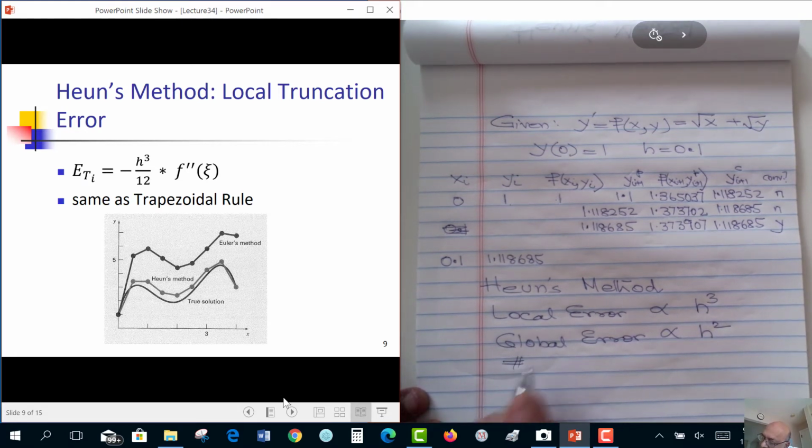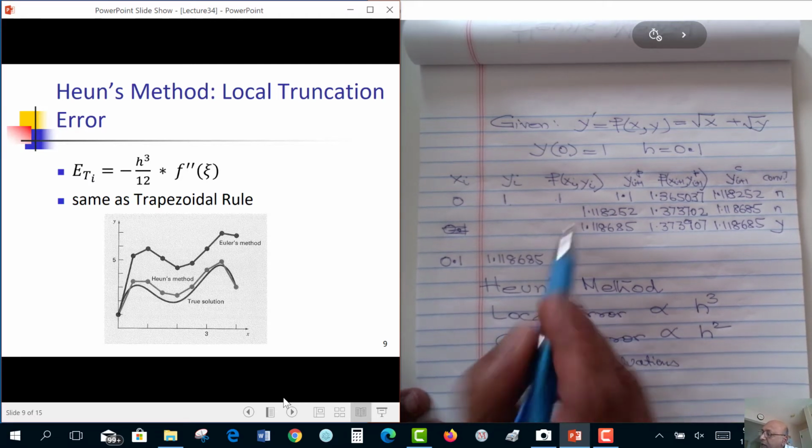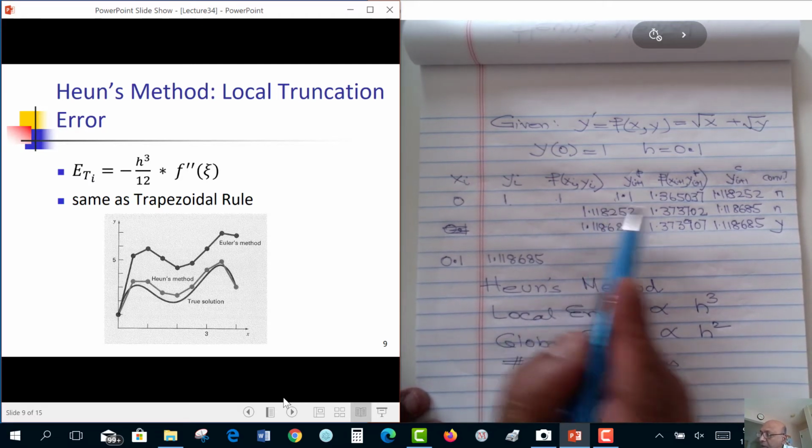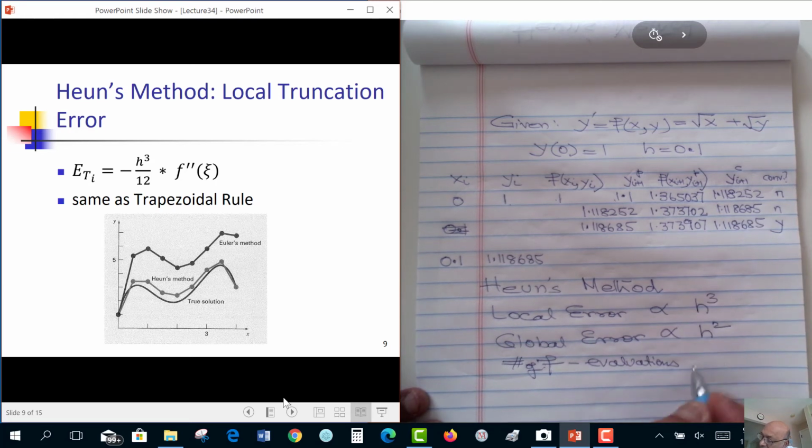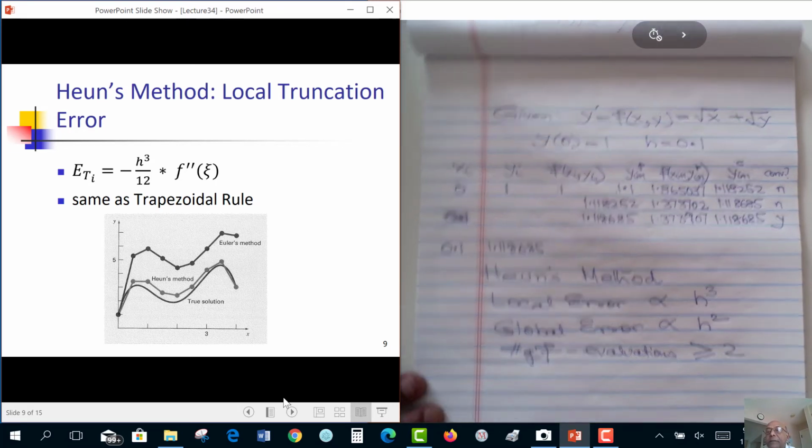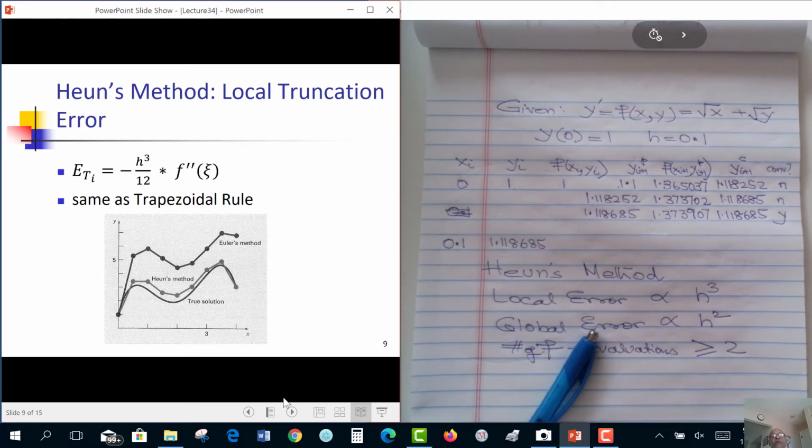In number of function evaluations, we are doing at least one to get the predicted value, at least one to get the corrected value. So even if we converge in 2 iterations, we require 2 or more function evaluations. So sometimes this can be expensive and there might be better methods.